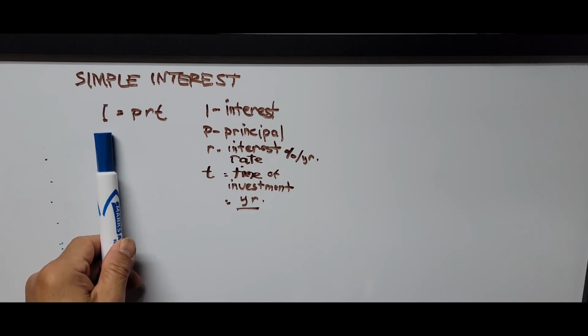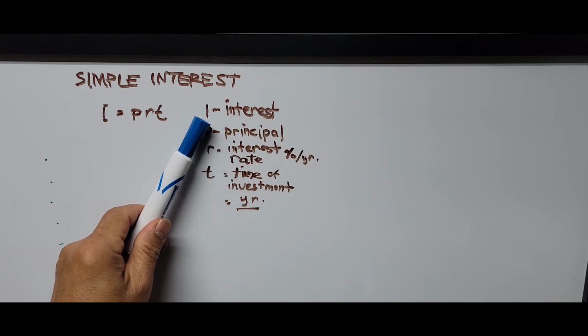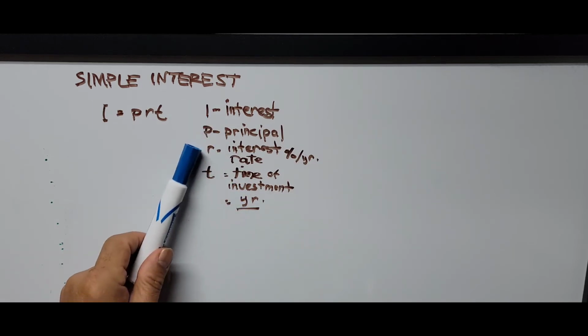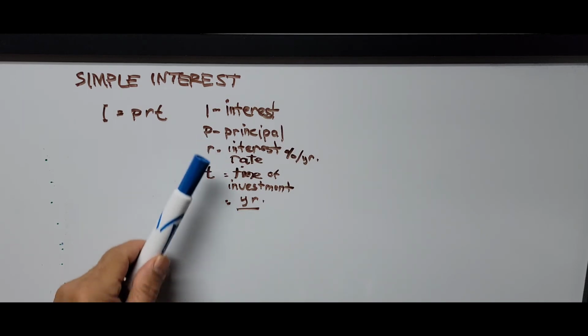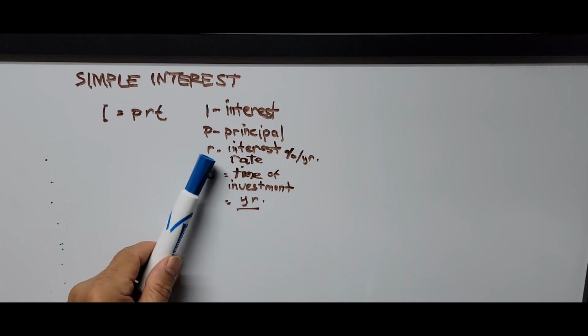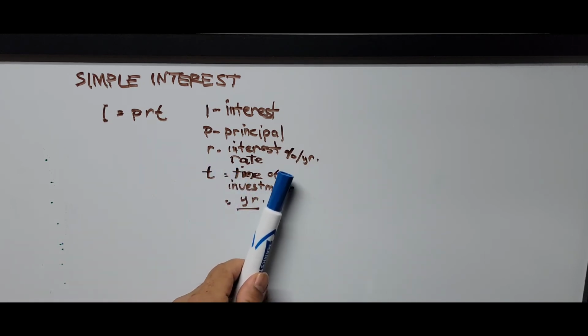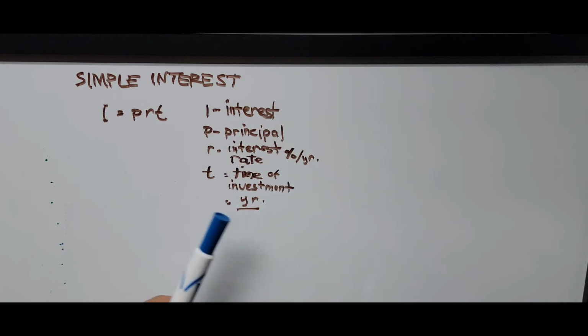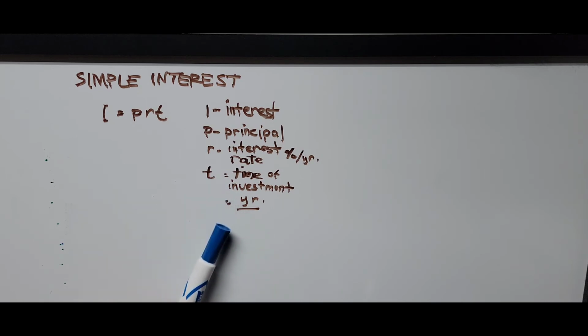The formula is I equals PRT, where I stands for interest, the money earned, P stands for the principal, the money invested, R stands for the rate, the interest rate of the investment, in terms of percent per year, and T stands for the time of investment, or how long the investment has been kept invested, in terms of years.